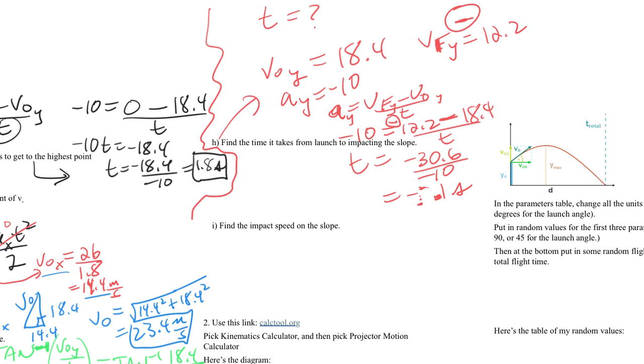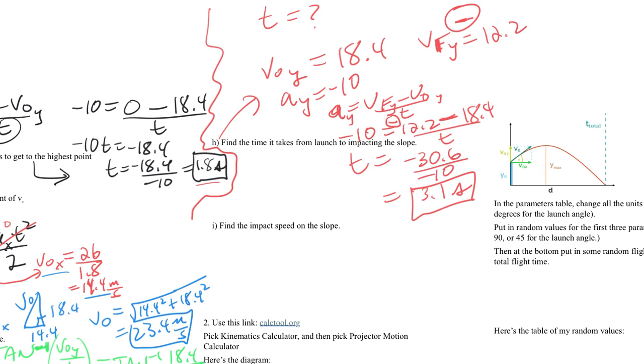Let's write that better. It's not negative. Negative over negative is positive. You can't have a negative time. So it's 3.1 seconds for the total trip time. Just check: it's a longer time than the 1.8 seconds to get to the top.